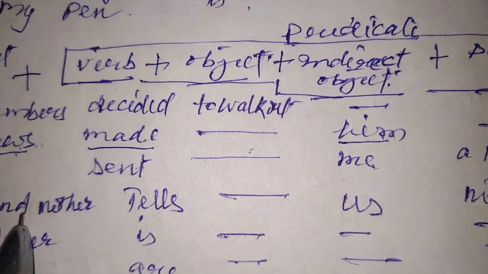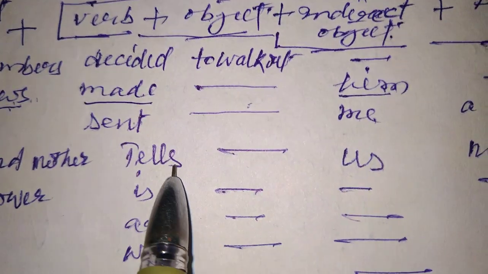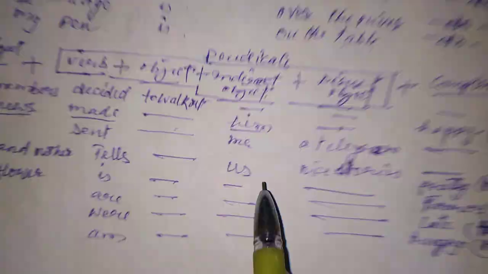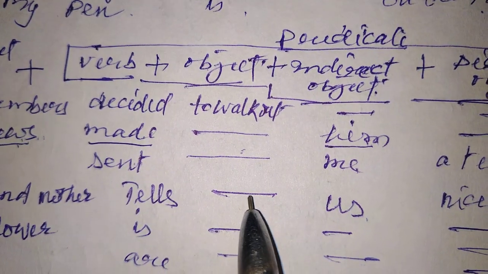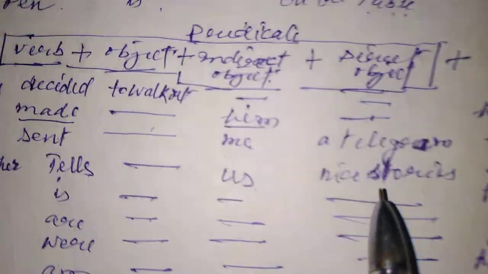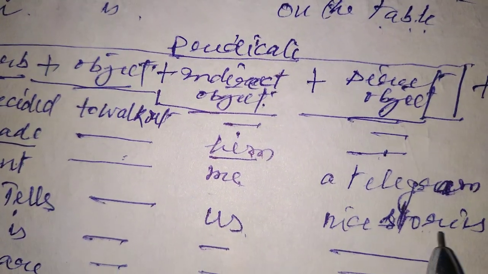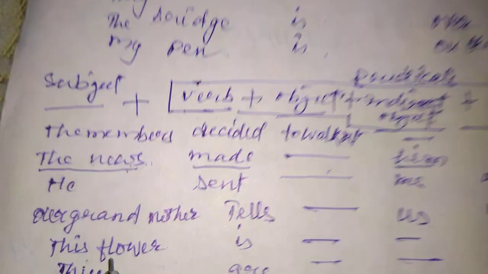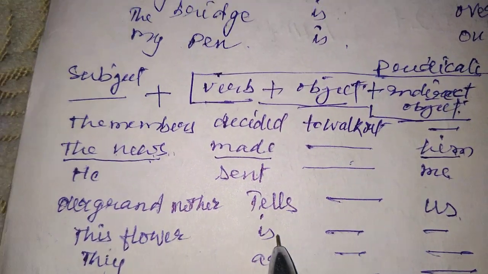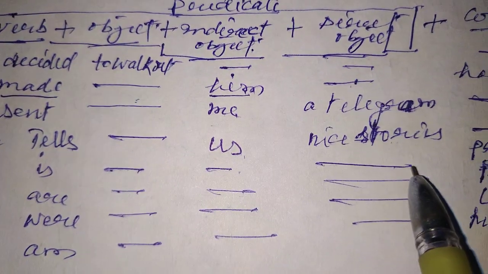So our grandmother is the subject and tells is the verb. Us is the indirect object, direct object was omitted here, and then nice stories is a direct object. Complement is omitted here.